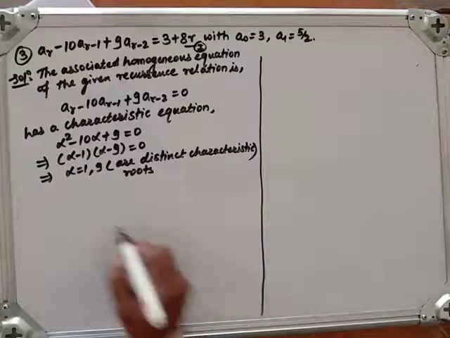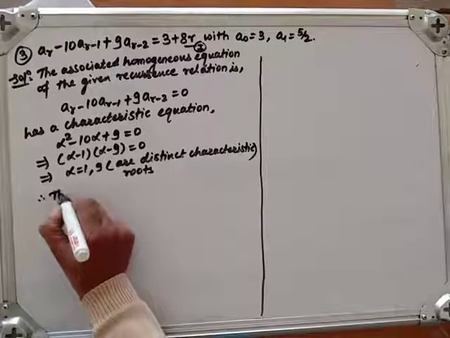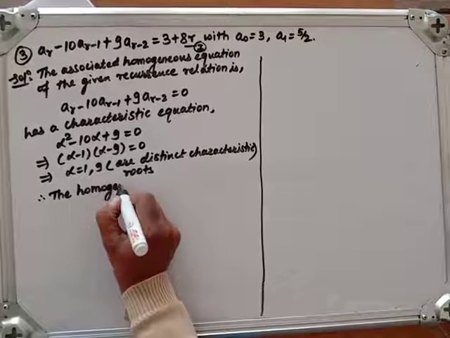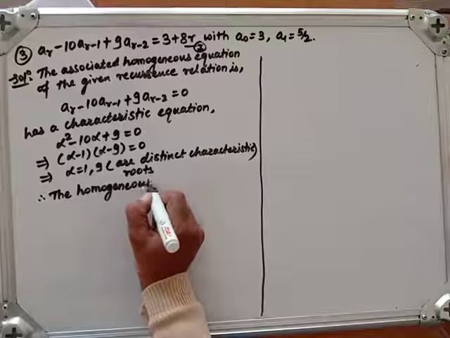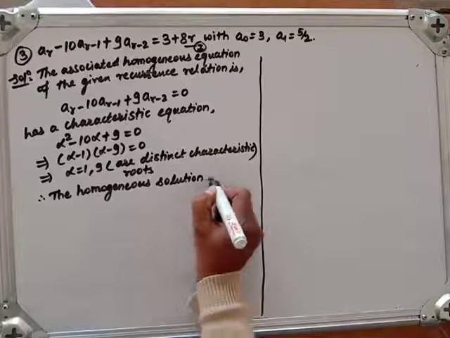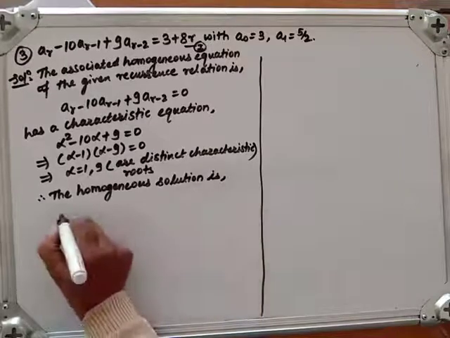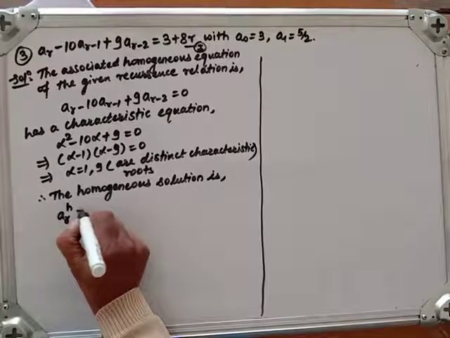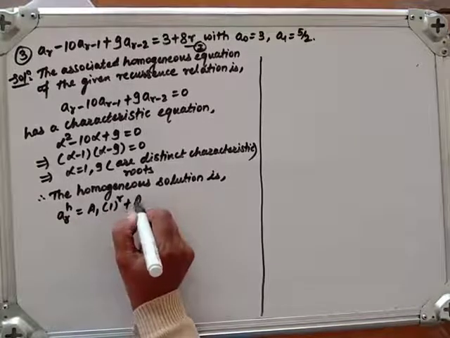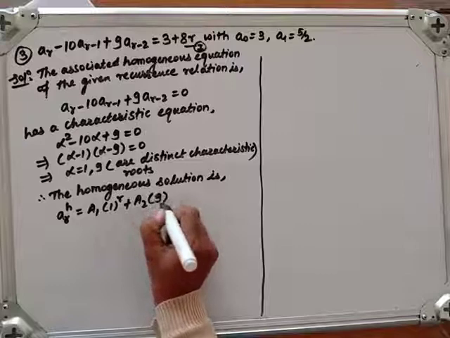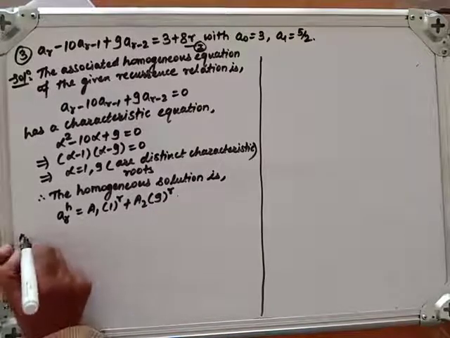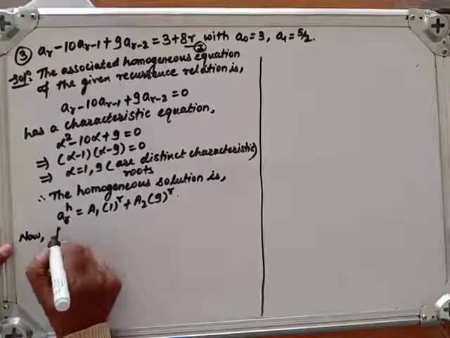Therefore the homogeneous solution is ARH is equal to A1 into 1 raised to R plus A2 into 9 raised to R. Now f of R with us, what is f of R?